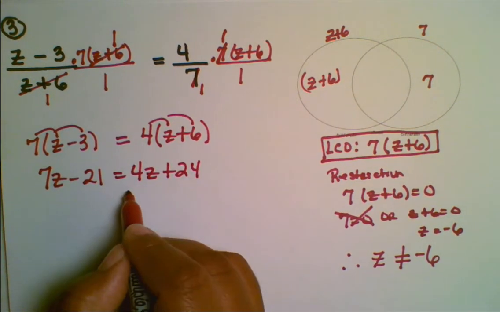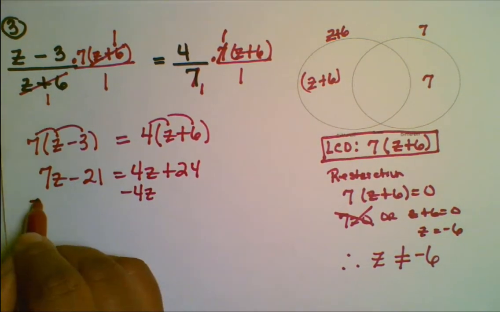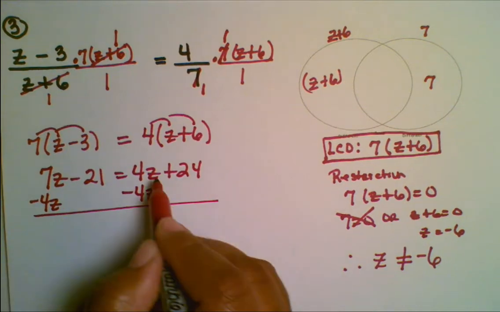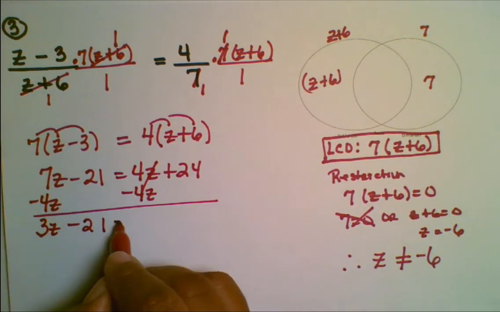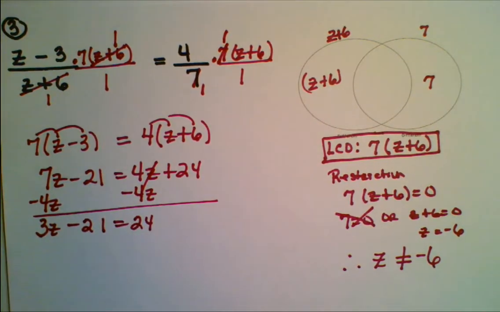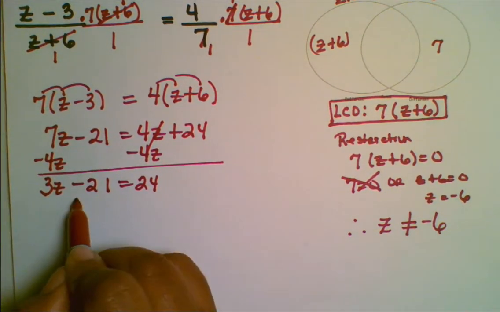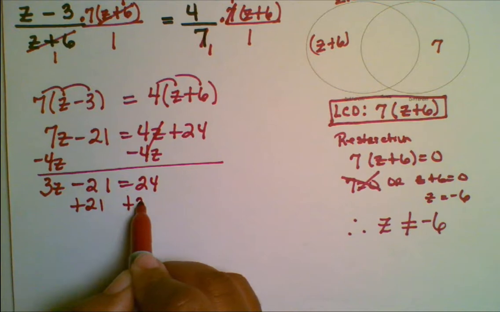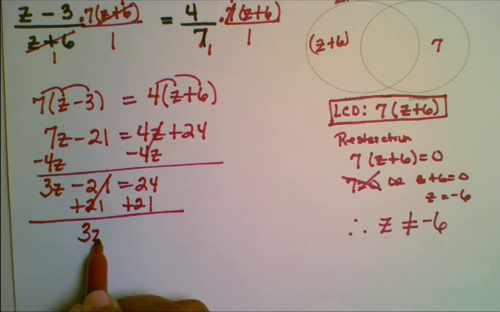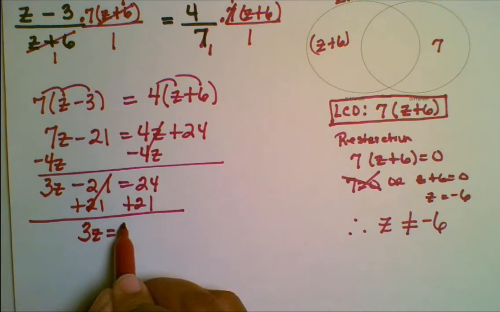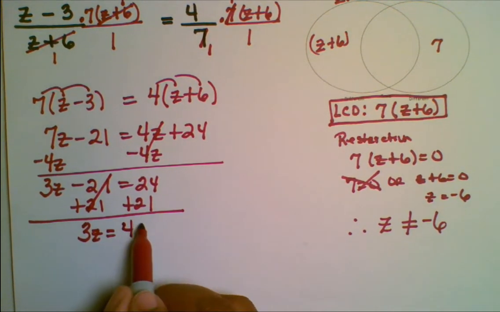And let's solve. We're going to subtract 4z from both sides. We have 3z minus 21 equals 24. We're going to add 21 to both sides. We have 3z is equal to, what is that, 45?